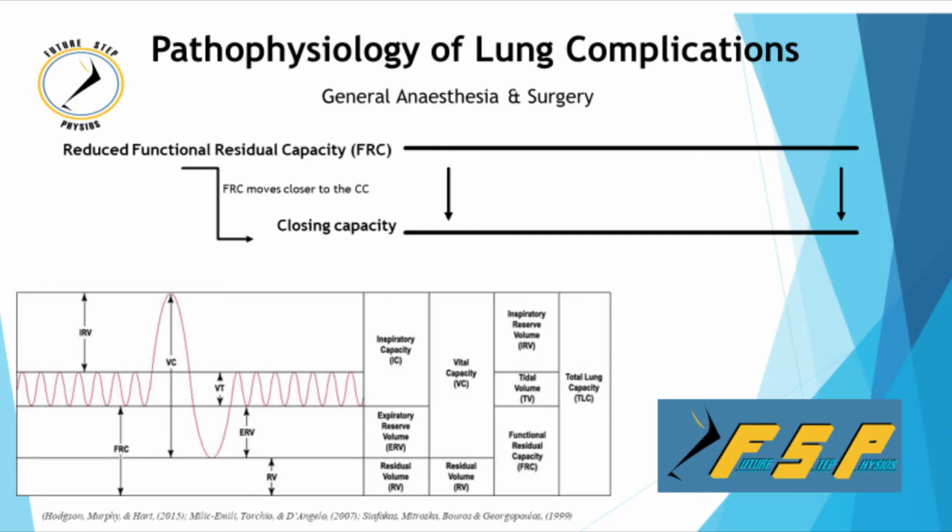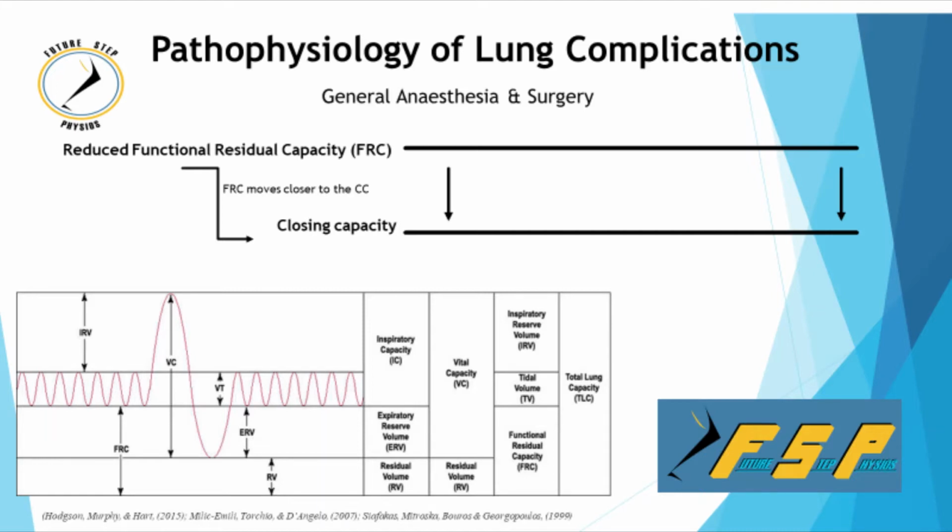We know that there's a relationship between FRC and something called the closing capacity. Now, closing capacity is the point, or the amount of air left in the lungs after normal expiration, at which the small airways begin to close. In healthy people, this is below the point of the FRC. However, if FRC drops due to surgery and anesthesia, we have a premature closing of the airways.